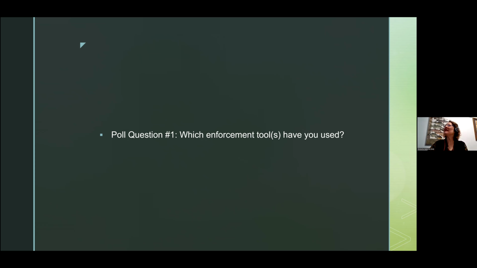Very good. So one or more or a combination, and that is a really good place to be, because we're going to talk about how your enforcement authority can be applied, and some of that will also include a combination. So with that, let's continue on.